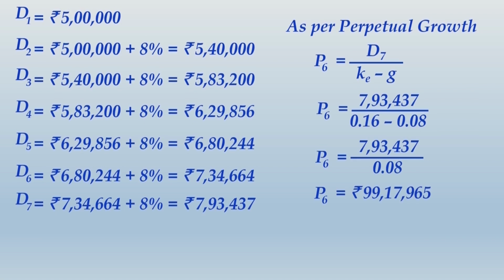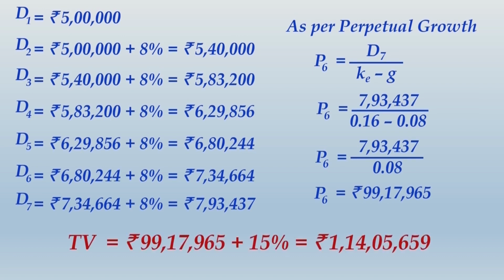But that will not be accepted as it is, because the real terminal value on disposal would be 15% more than the value as per perpetual growth. So what you get as the P6 value, on that you add 15% to arrive at the proper terminal value. So do one thing friends, write up all this and then we shall move ahead.